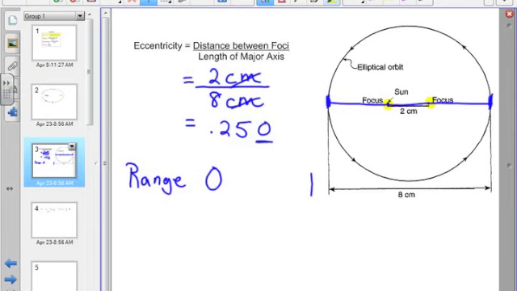When we have a value that is closer to 0, of course that means the value for eccentricity is smaller. So we would describe those values as less eccentric, and those values that are closer to 1 as being more eccentric.